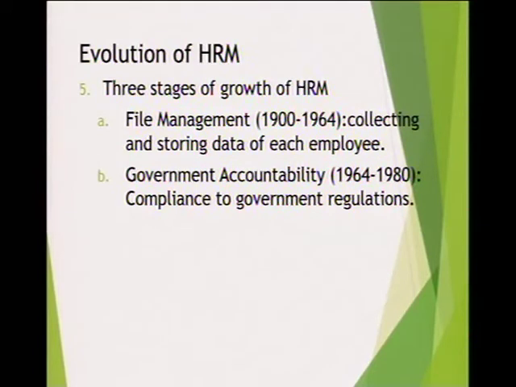And then from 1964 to 1980, governments came up with different regulations on ensuring that the employees are treated well. Remember, the 1960s, that's where you find a lot of civil rights movements, rights of workers. So the governments came up with all kinds of regulations to protect the workers. And in the US, you find people like Dorothy Day, Martin Luther King, and the rest, Martin Luther King Jr., propagating these things.